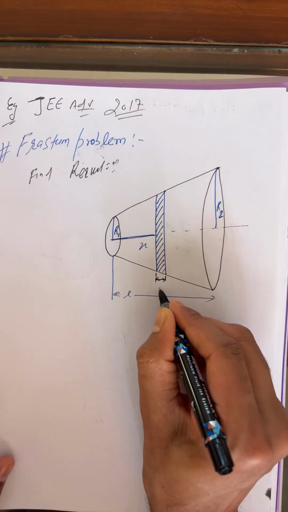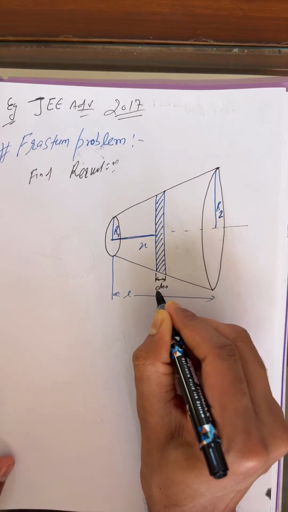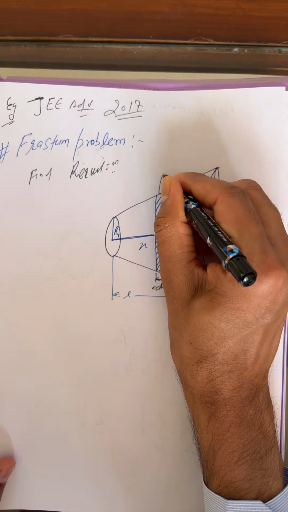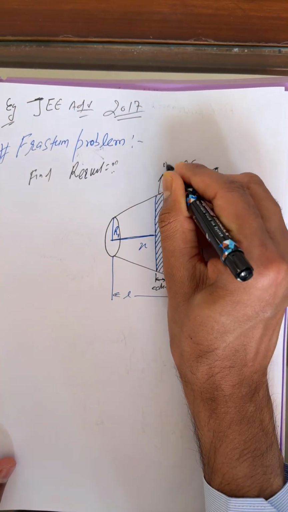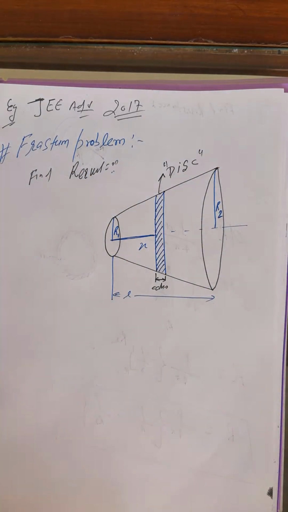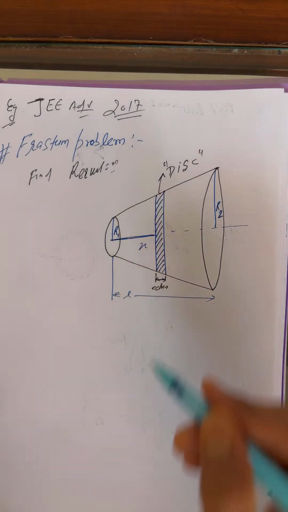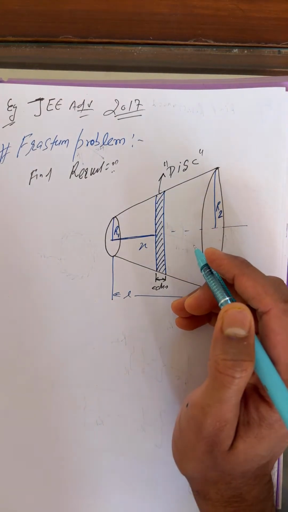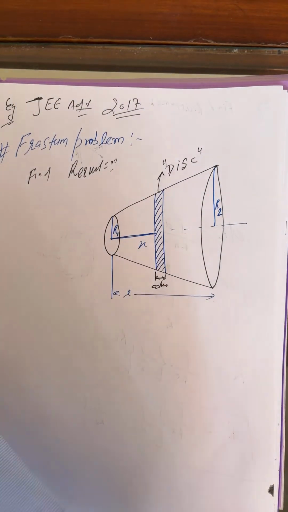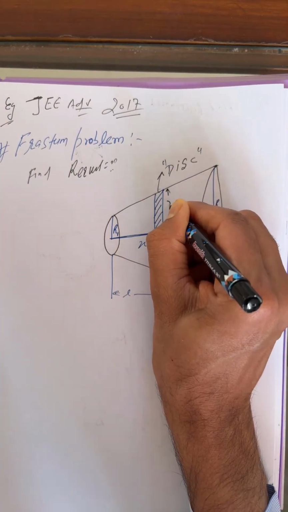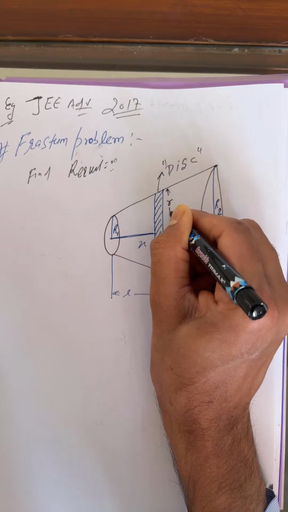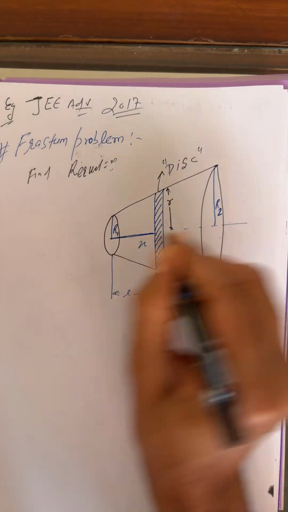You can see this is a disk, right? So a disk must have a radius. So here I'm considering r as the radius of the disk.